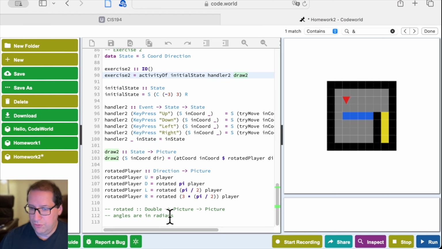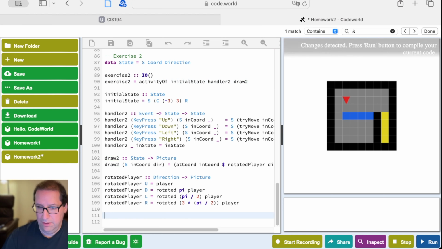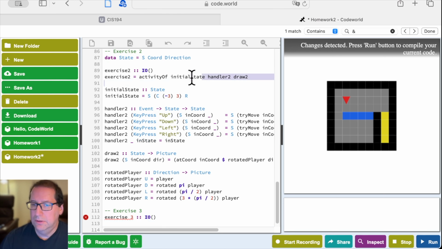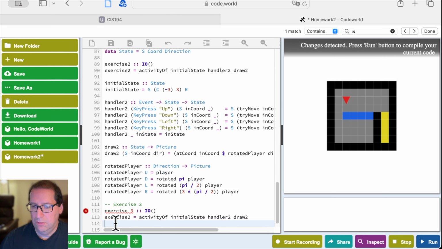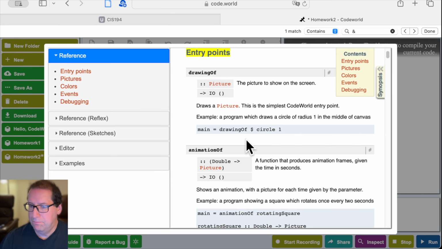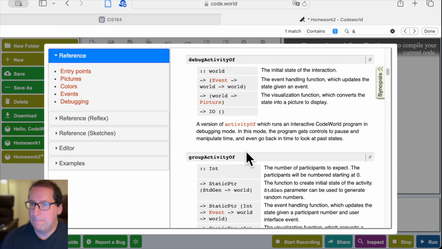All right, well, let's go ahead and define an exercise 3, and go ahead and use that. And activity of, we're going to have to go look at the documentation.